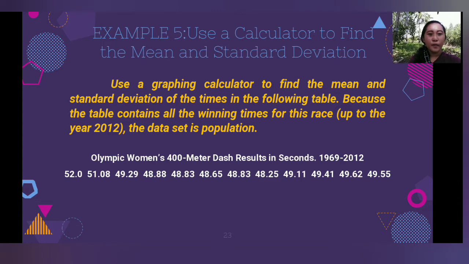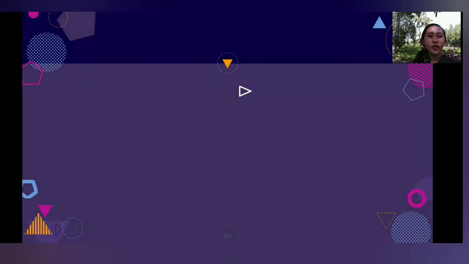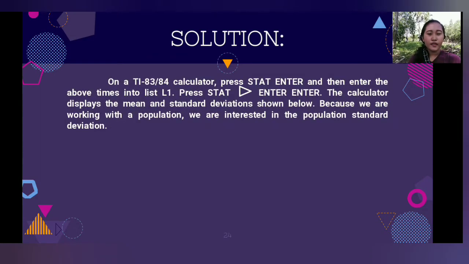So we have here the data set, the Olympic women's 400 meter dash results in seconds. We have 52 up to 49.55. For this solution, on a TI-83/84 calculator, press stat, and after that you need to enter the above times into list 1 or L1.